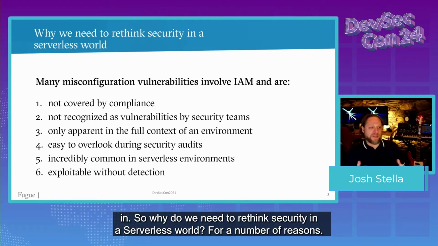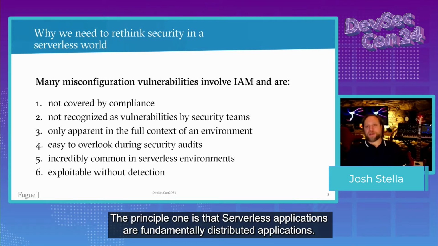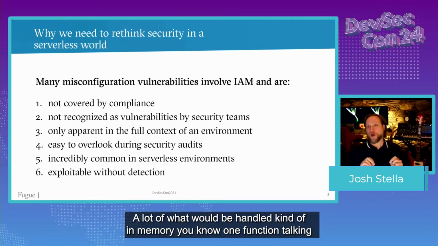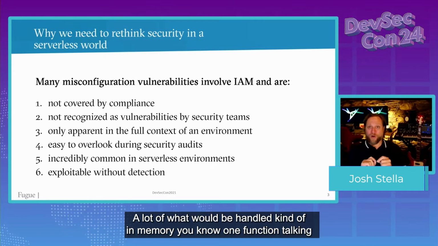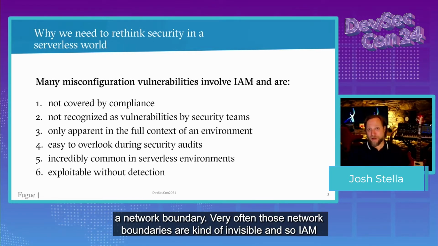So why do we need to rethink security in a serverless world? It's for a number of reasons. The principal one is that serverless applications are fundamentally distributed applications. A lot of what would be handled in memory, one function talking to another on the same server, in a serverless application is a network call, going across a network boundary.